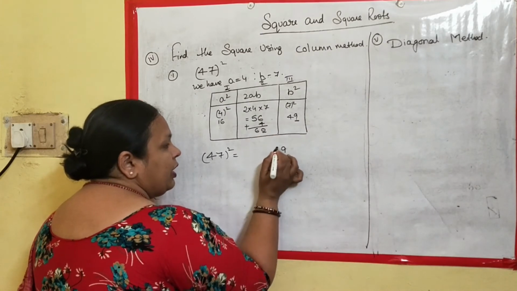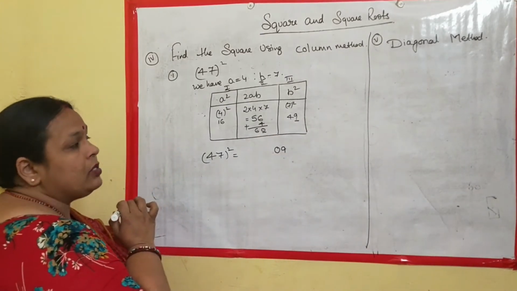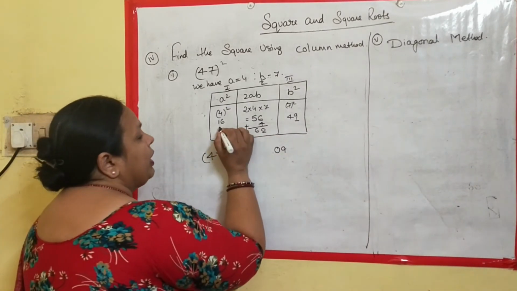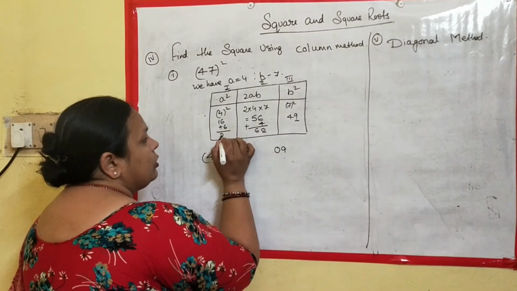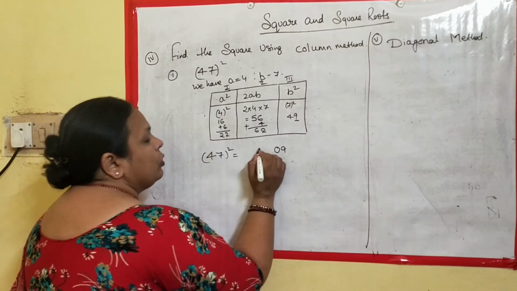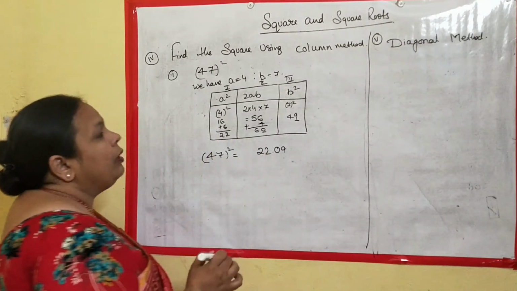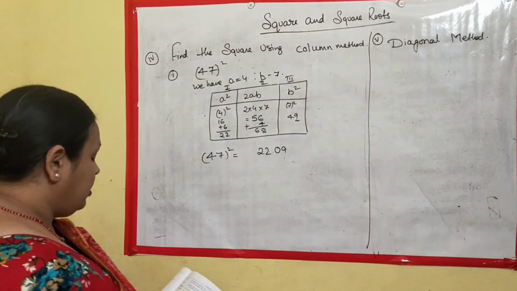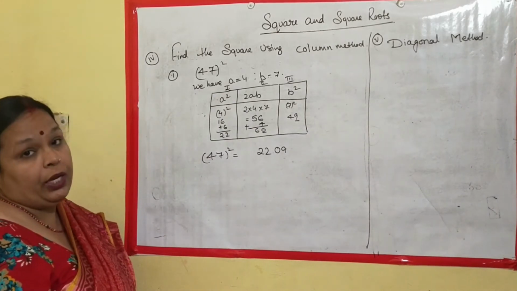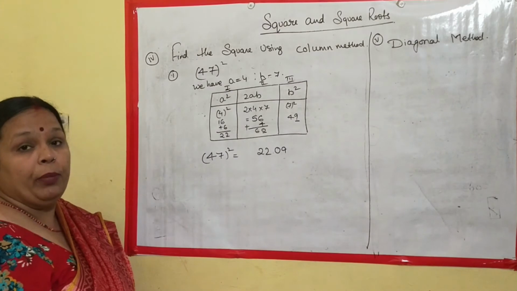Again you will be taking 0 as your answer, and 6 will be carried here. When you add this, this becomes 22. So here, now we can see that our answer is 2209. Clear? Using column method.